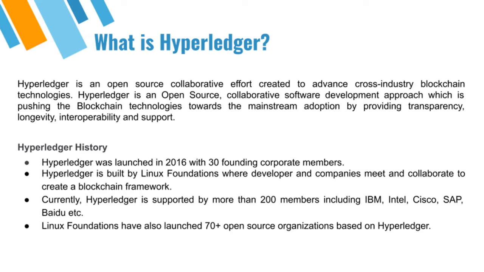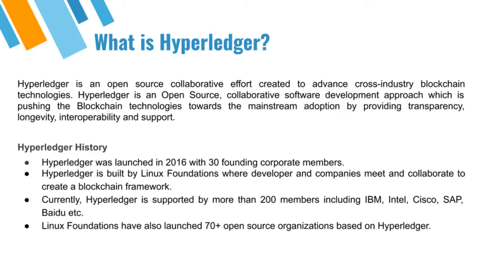Hyperledger is an open source collaborative effort created to advance blockchain technology. Hyperledger is an effort started by the Linux Foundation in collaboration with multiple companies and multiple enterprises. Hyperledger was initially founded in 2016 with 30 corporate members, but now they have grown to 200 members, which also includes IBM, Intel, Cisco, SAP, Baidu, and much more.